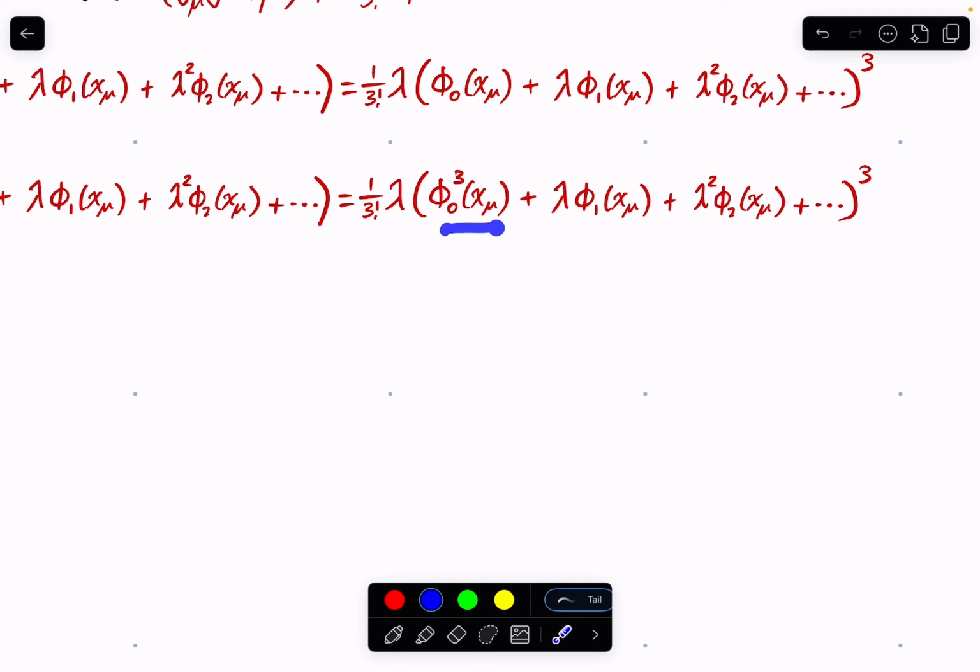So we get phi naught squared times phi 1, and we'll have that happen 3 times because there are 3 multiplications. So we get 3 times lambda times phi naught squared phi 1. Likewise, there will be 3 times where we have lambda squared phi naught phi 1 squared. And then we're just going to continue ending up with higher order terms.